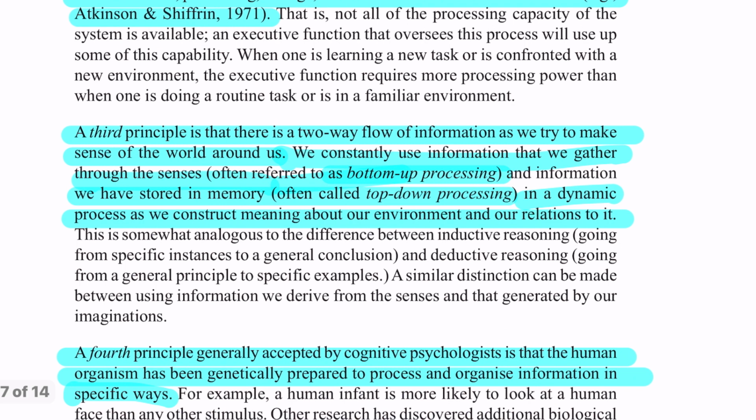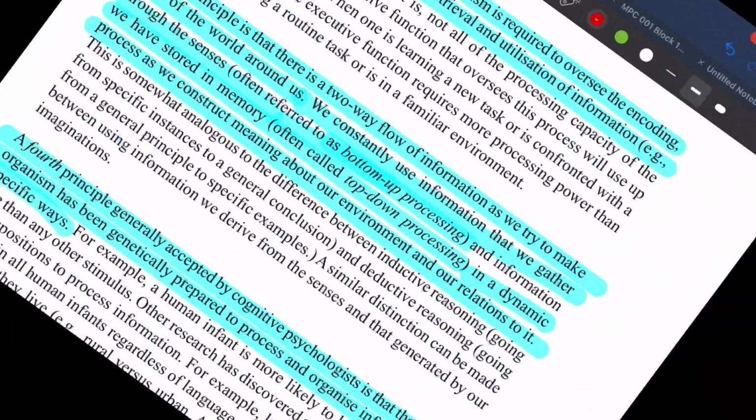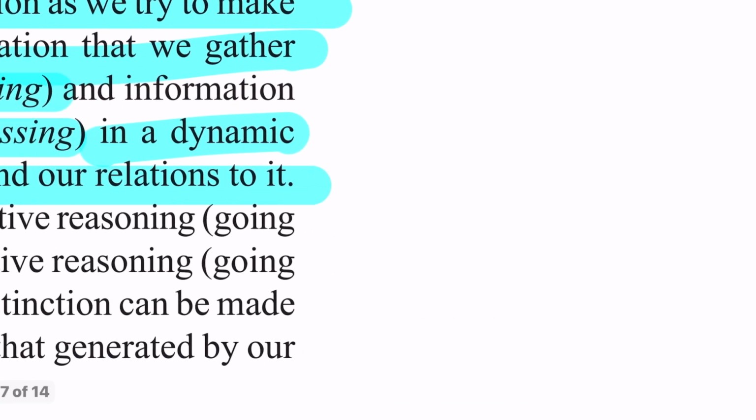The third assumption, or principle, is that there is a two-way flow of information as we try to make sense of the world around us. Understand one thing, let me explain this.